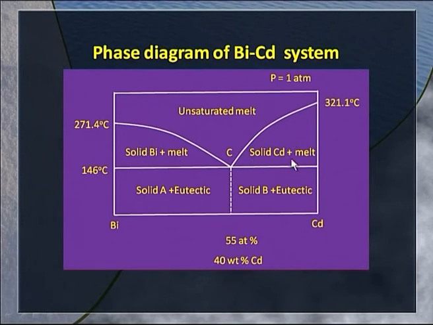On this side you have solid cadmium separating out from the melt as the systems are cooled, and you can get a eutectic composition where bismuth and cadmium are in the right proportion corresponding to eutectic. So, this much information regarding eutectic systems will help you to understand future systems that we are going to take up.